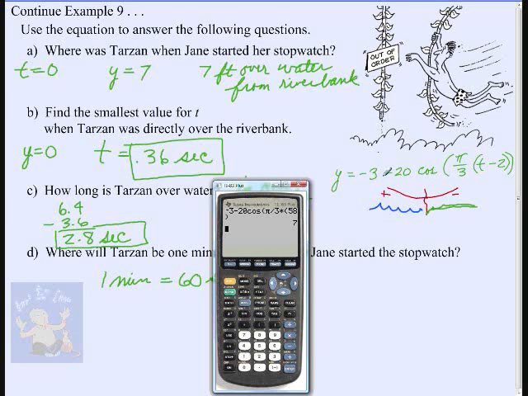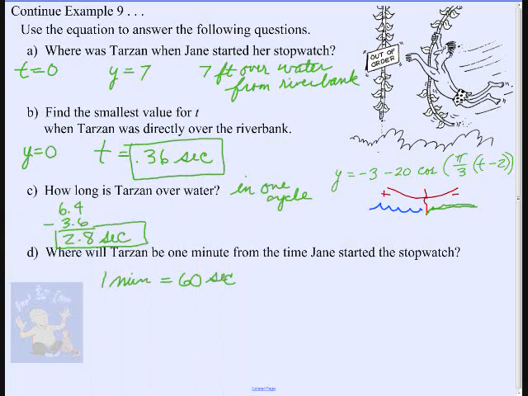Minus 3 minus 20 cosine of pi over 3 times 60 minus 2, which would be 58, gives us an answer of 7. So he'll be 7 feet from the riverbank.